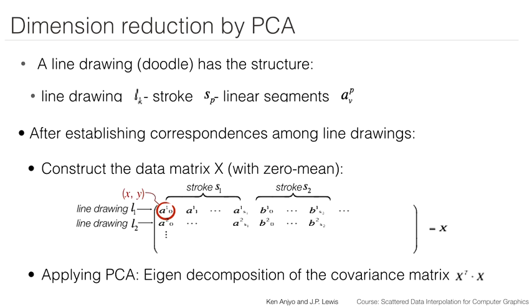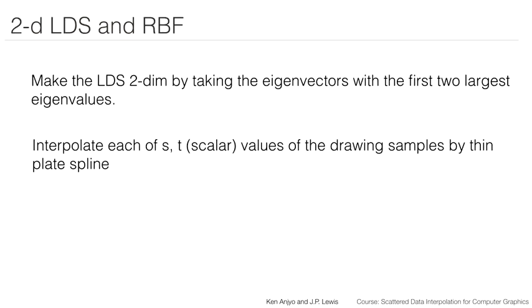But in the column direction, there are so many segments, so we have a large size of data. Then we apply PCA to analyze the covariance matrix. Then we take the first 2 largest eigenvalues.